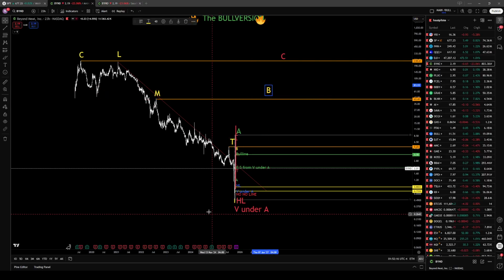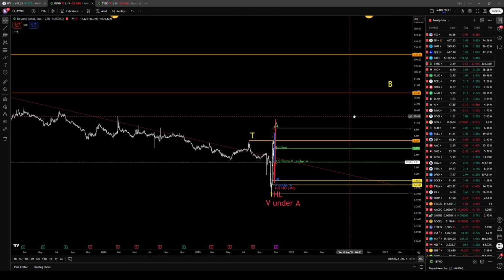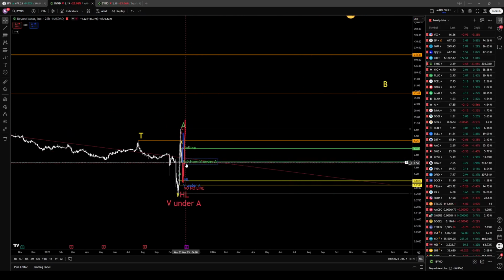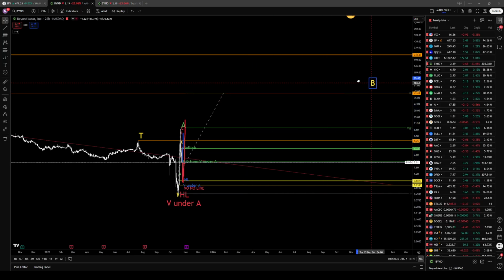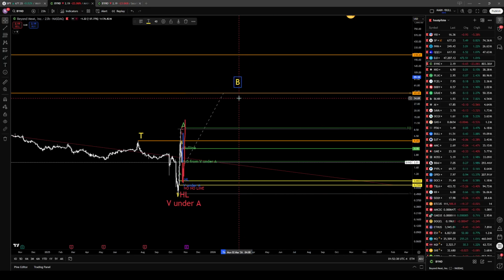Then wherever our A pullback was, let's say our A pullback is where we are right now, we take our 0.5 retracement, and if we say, for example, that our B peak is at 33, then our B pullback would be the 0.5, around $9.